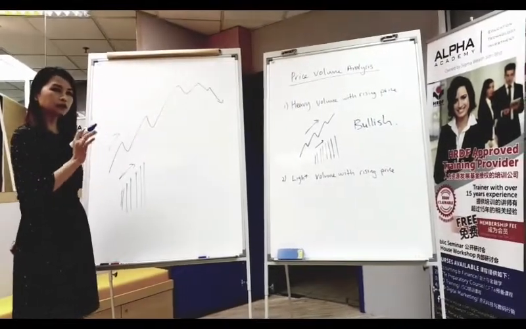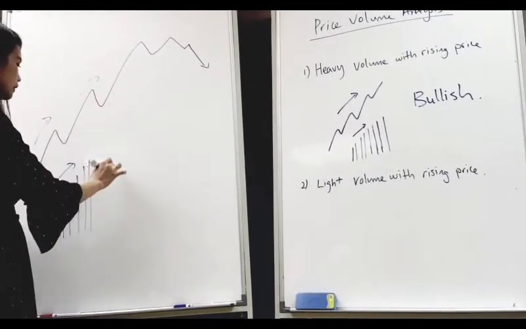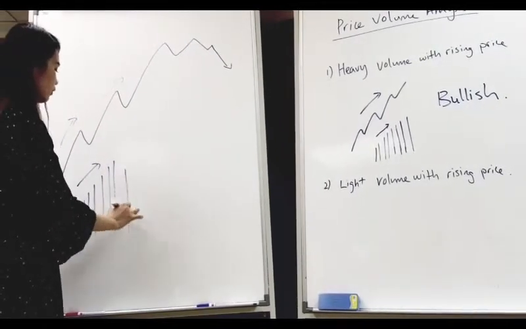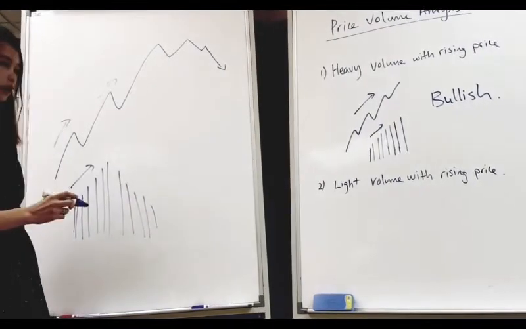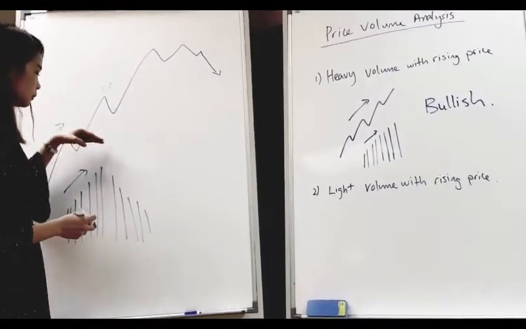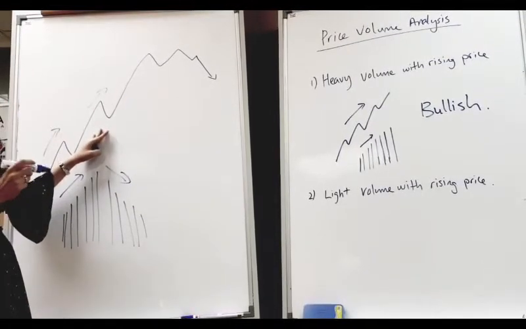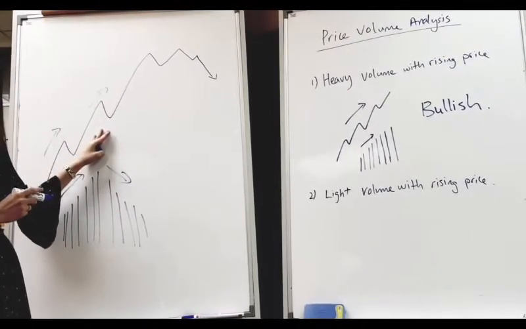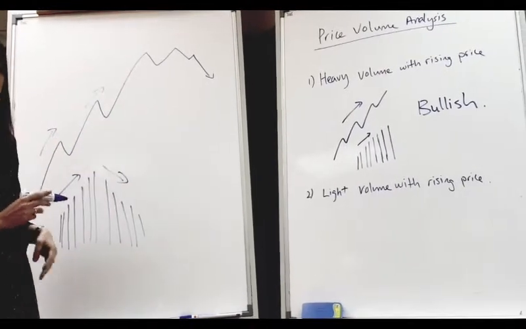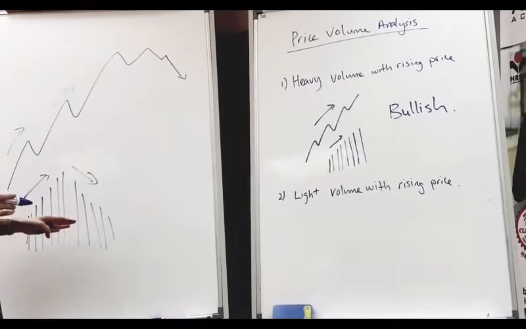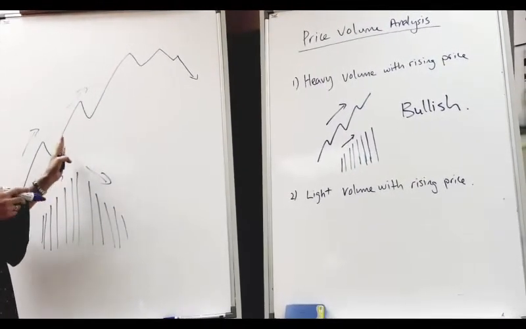However, up to a point, when the price continues to rise, you discover that the volume started to reduce. Do you think this is a good sign or bad sign? When the price is still rising and the volume is diminishing, it means there could be a trend reversal for this stock or index.